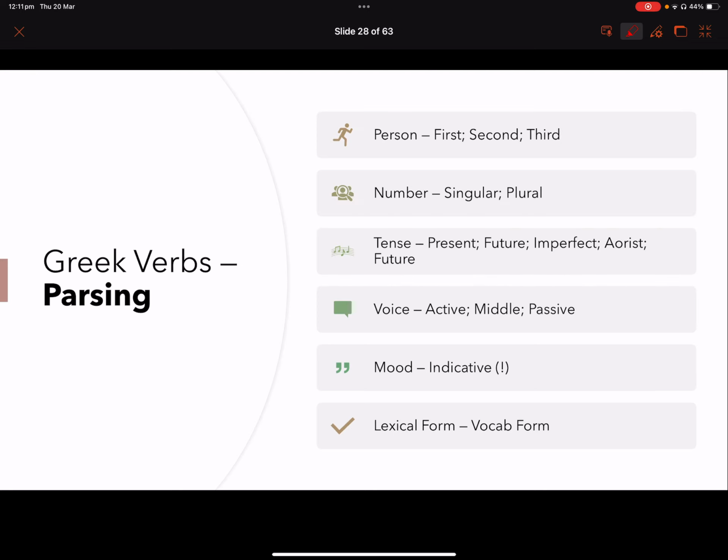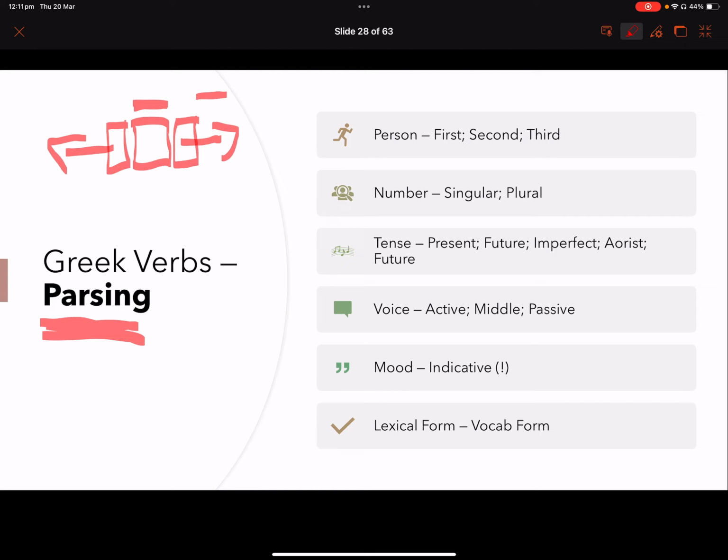Just as we saw for Greek nouns, in Greek we need to be able to parse our verbs. And remember, parsing is essentially pulling apart a word and trying to work out where the root is and what has been added on, and how that changes who is speaking, when they are speaking, how many people are speaking, and so forth.